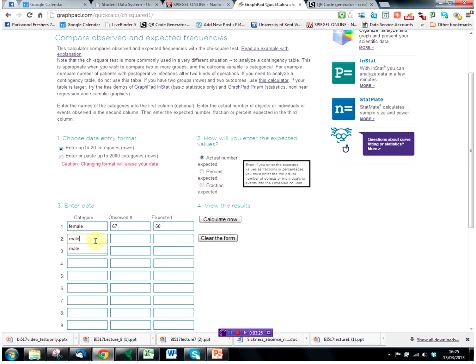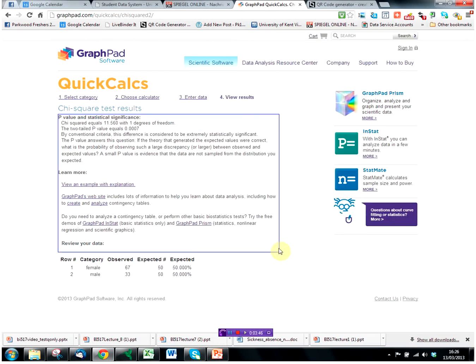And likewise for male students, we found that we had 33 students. And if there was a 50-50 distribution, again we would have expected 50 students. And all we need to do now is press the Calculate Now button, and it comes up with this page.